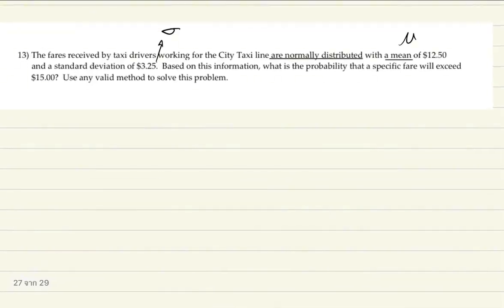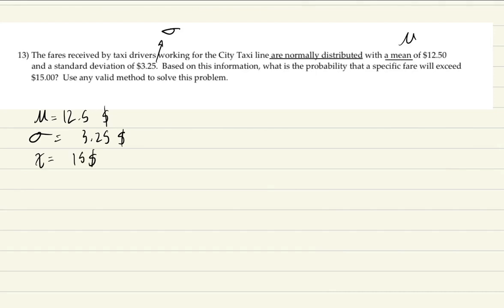First we have to find the z-score from this information. The mean is equal to $12.5, the standard deviation is equal to $3.25, and x is $15.